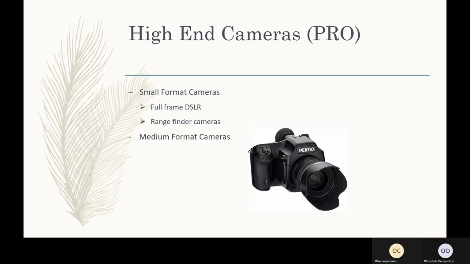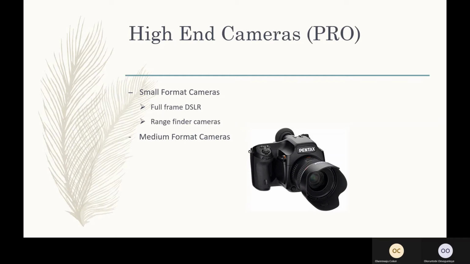We are now taking it a step further, to the high-end camera, the camera used by professionals. We can say we have three types, but what you will see majorly is two. I have never seen the third one, which is the large format.